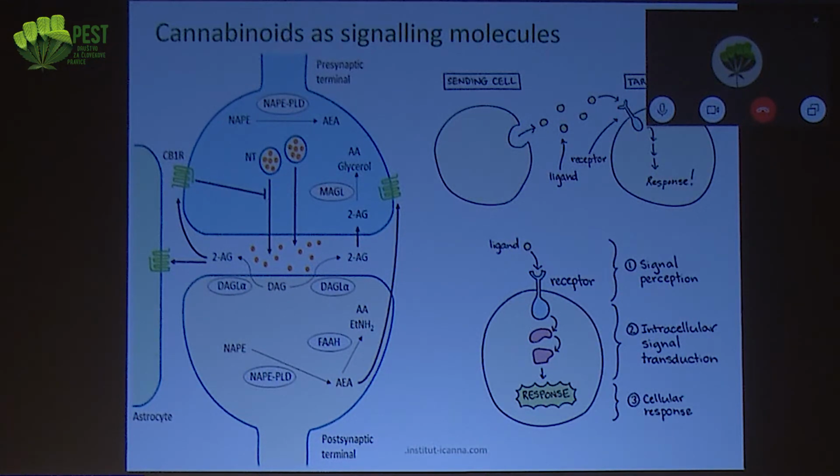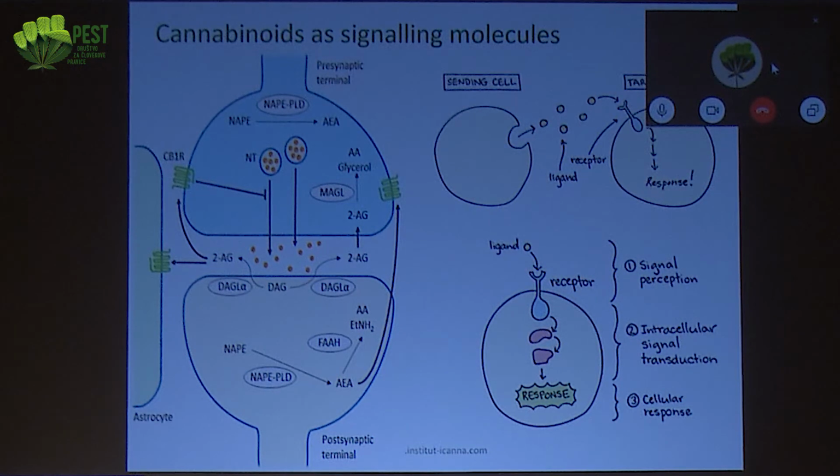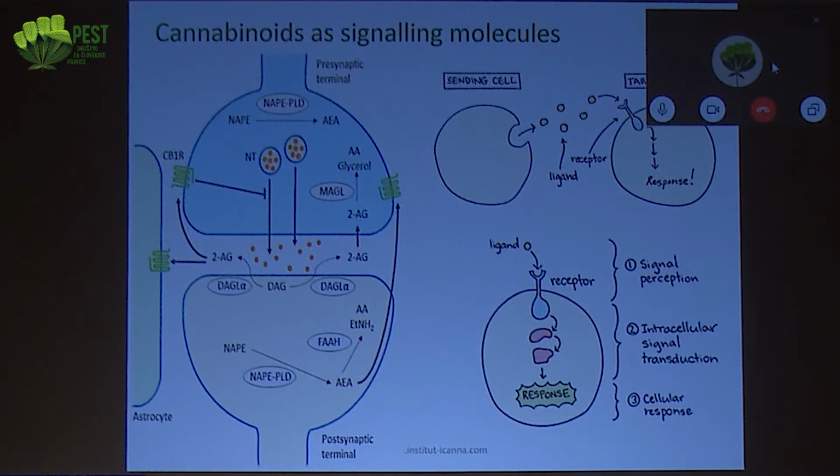And in these signaling cascades, we know that, of course, one cell is sending the message, and we have to have a cell that has an appropriate receptor to hear this message, or to be able to respond to this message. And in our body, a vast majority of cell types has cannabinoid receptors. So the majority of cells in our body can hear the message that cannabinoids are sending.